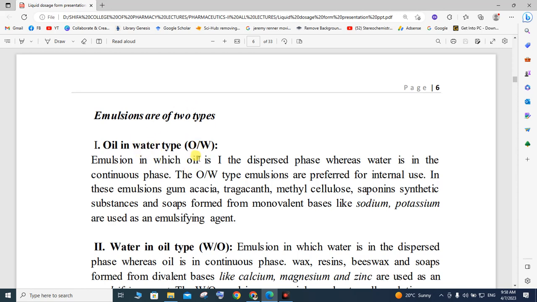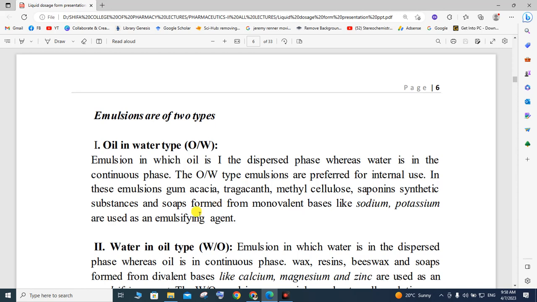What is it? It is the type of emulsion we have already discussed, in which oil is the dispersed phase, whereas water is the continuous phase. I mean that oil is the discontinuous phase. Oil and water type emulsions are preferred for internal use. Usually the emulsions used for internal purposes are oil and water type emulsions.